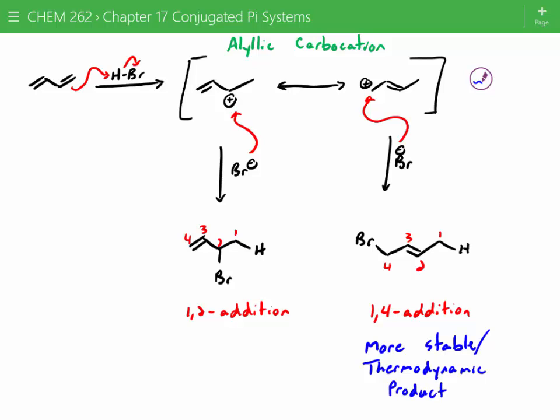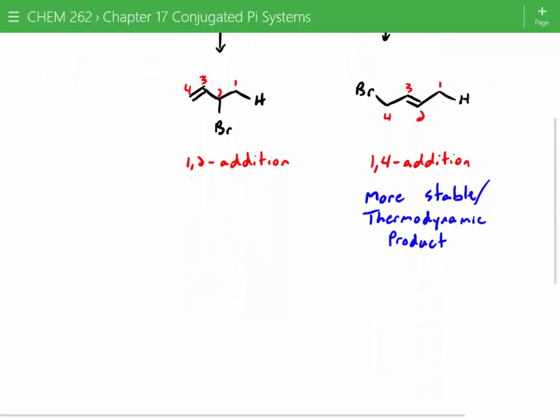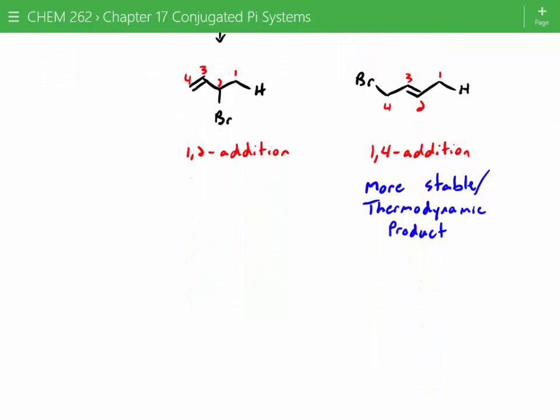The one on the left, that 1,2 addition product that we're looking at, we said that we protonated in that one position. That bromide ion is going to be really, really close to the resulting carbocation, so this one's more accessible. So we said that this would be our kinetic product, right? So we'll call this our more accessible kinetic product.